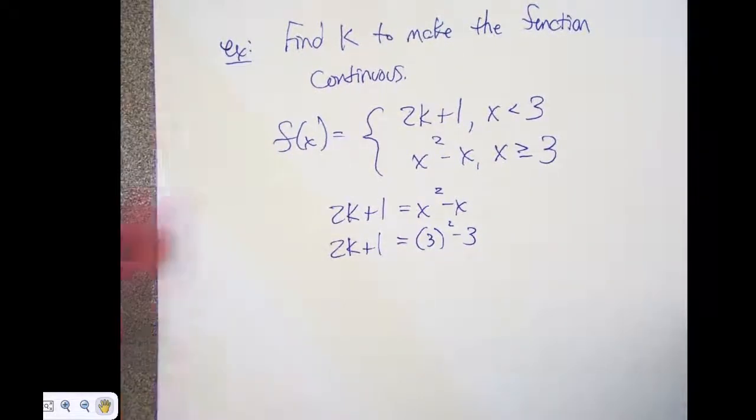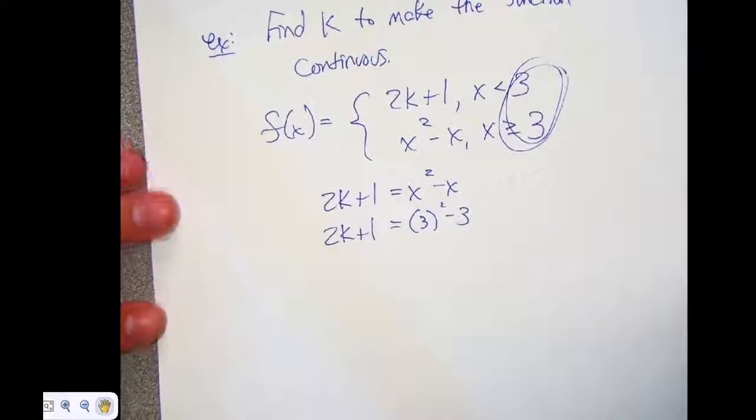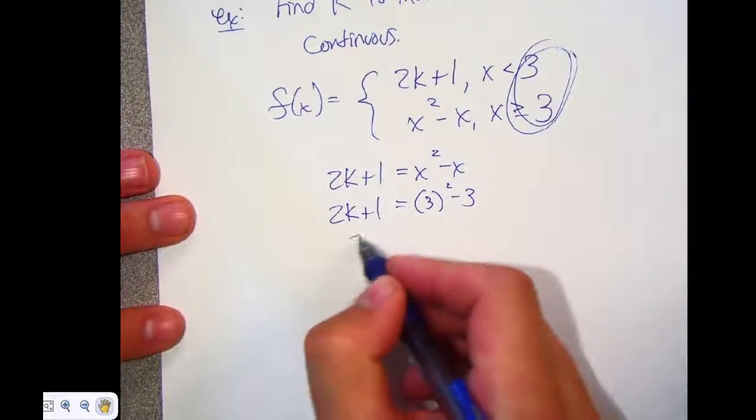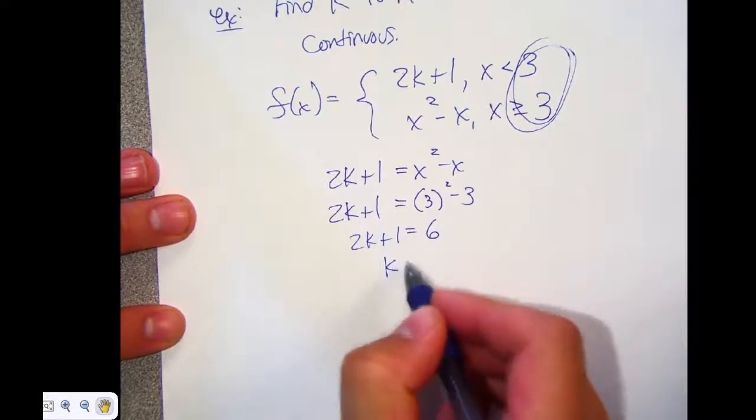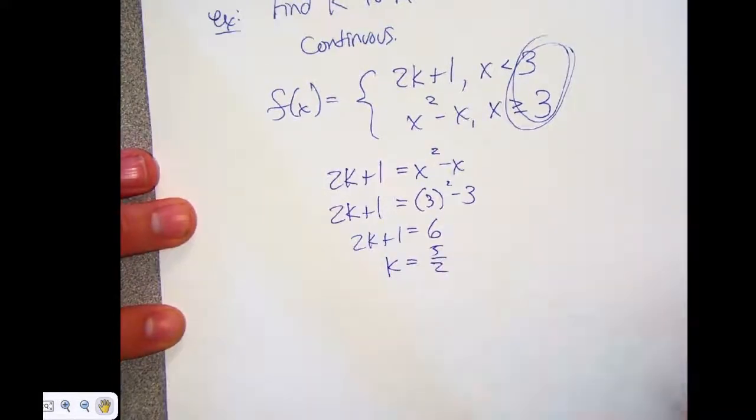Now it's just algebra, which I can do, but the setup is the part I'm worried about. Does it make sense why I'm doing that? If it's continuous, the 2 roads have to be equal at that x value. 2k plus 1 equals 6, and k would equal 5 halves.